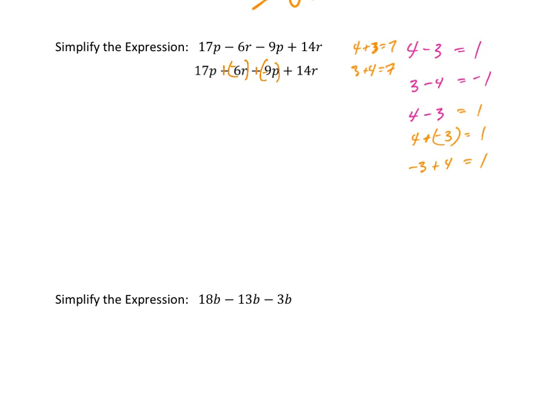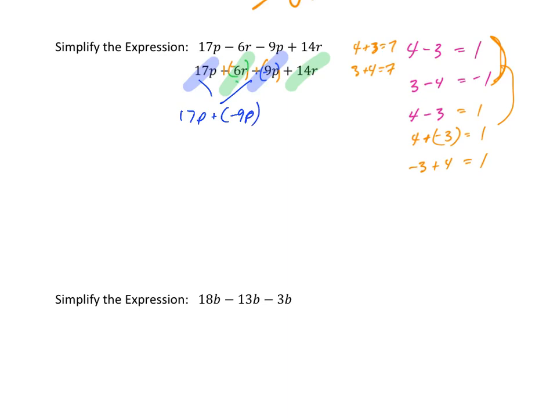And now what I can do is combine like terms because I can move things. Just like we explained over here, you can't get the same answer by moving it unless it's addition. So now I can move these. I have my p's here and my r's here. If I'm going to start with my p's, here's 17p, and this is plus negative 9p.